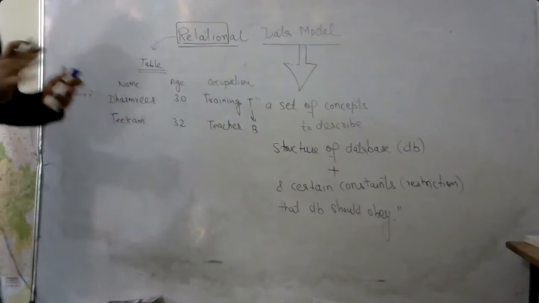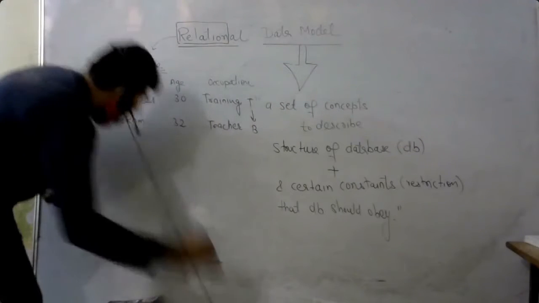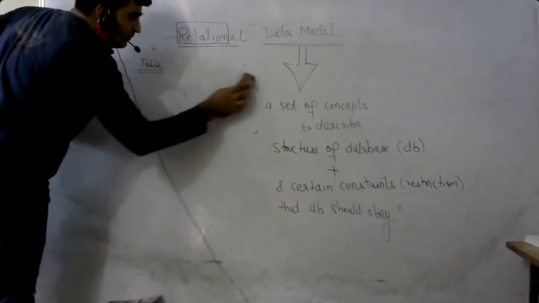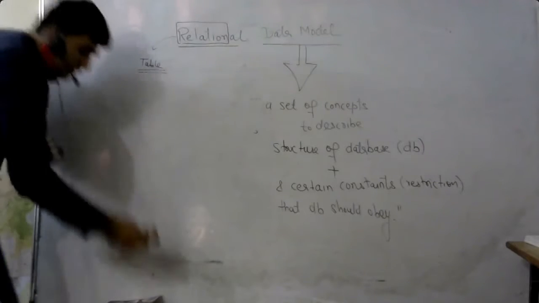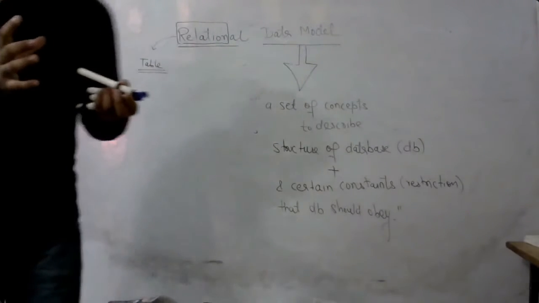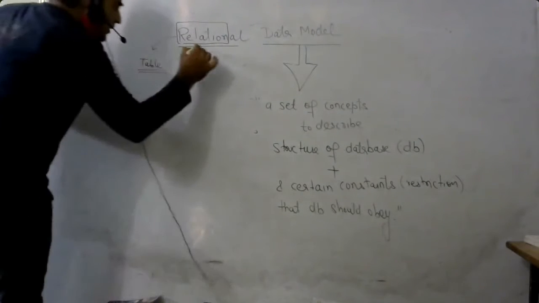So whenever we arrange our data in rows and columns, let me erase it to explain it in a better way. What is a relation? Whenever we arrange our data in rows and columns, that term is known as a relation.